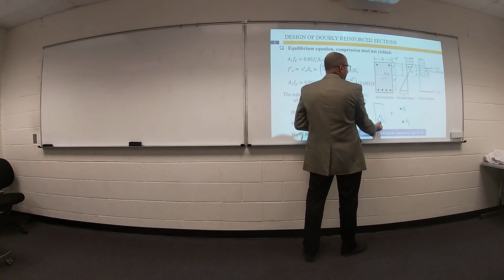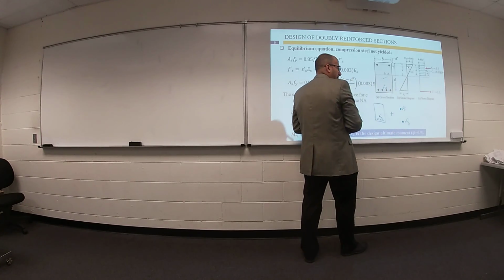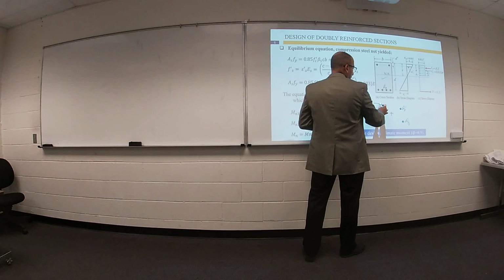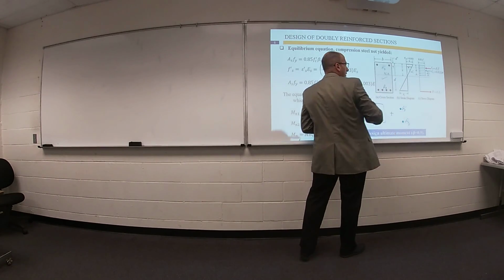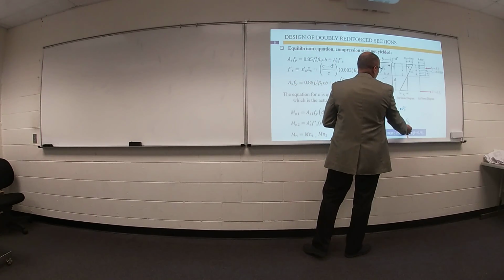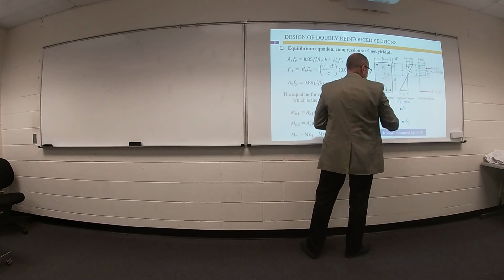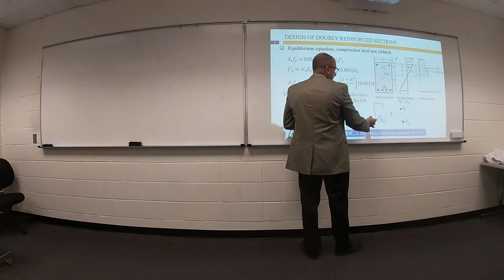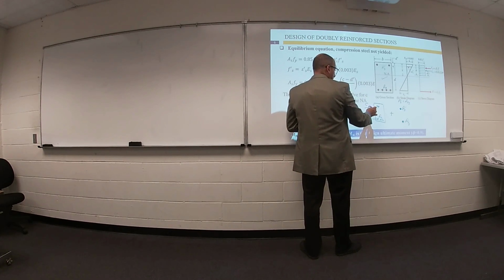So area steel 1 plus area steel 2 equals area steel. Your steel reinforcement here plus area steel bar equals your area steel. And keep in mind, your area steel bar equals area steel 2. This part has a tension force, this part has a compressive force, the distance in between is d minus a divided by 2.